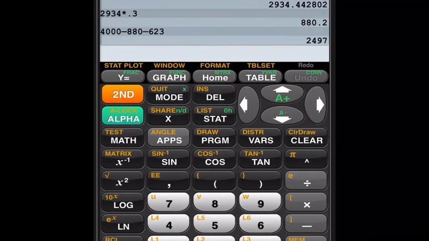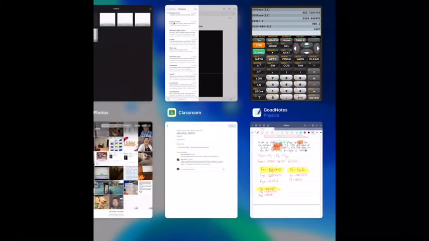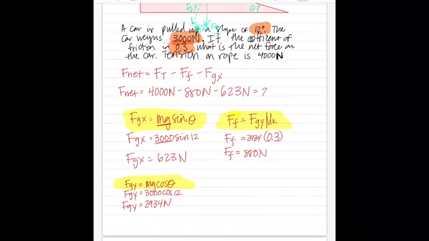Hit enter, you get 2497 newtons down the incline. Actually, no, it's up. It's up the incline because we're pulling it up, I forgot. Up the incline.